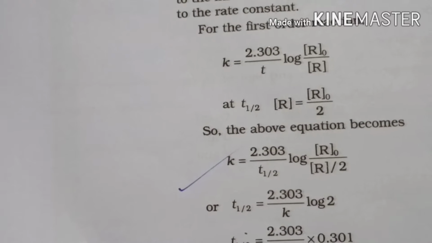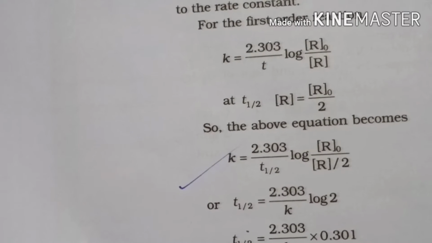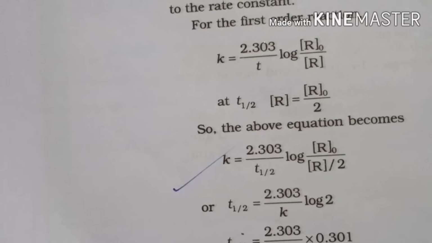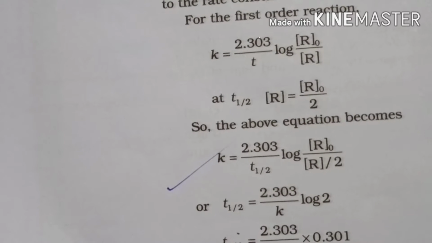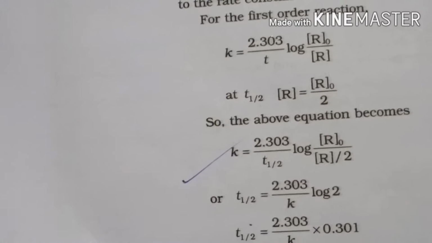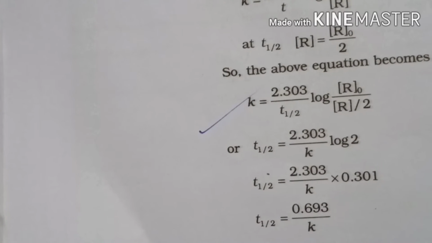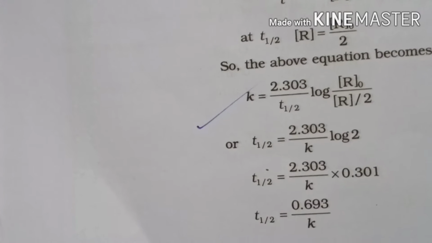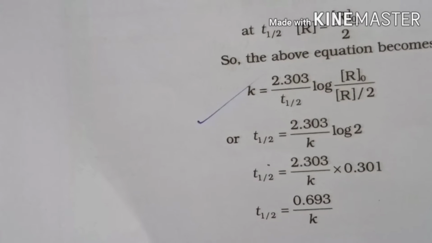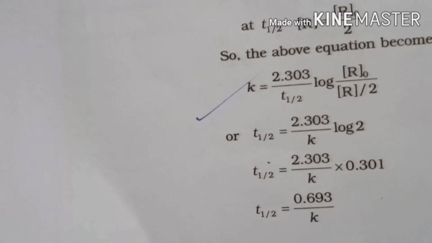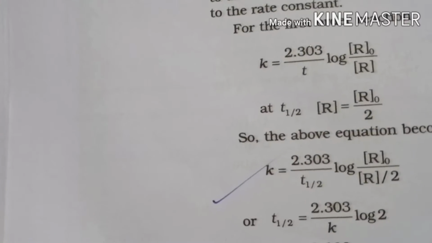Then T half equal to 2.303 by K log 2. So log 2 value, if you substitute, then you will get T half equal to 2.303 by K into 0.301. Therefore T half equal to 0.693 by K. This is the T half for the first order reaction.